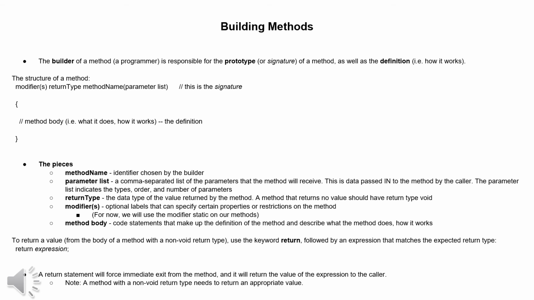There is a special point that you need to keep in mind: the type of this expression needs to match the return type that we have here. Okay, so that's all the information you need to know in order to start defining a method. I hope it helps you to understand it well.